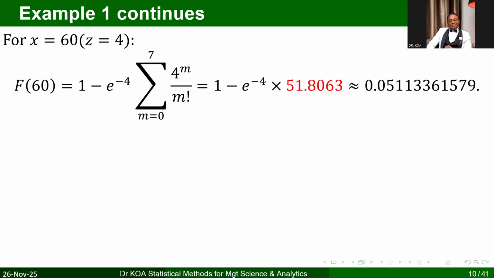So that is 1,350.26. That is a cumulative value, just as we had for the 60 to be 51.